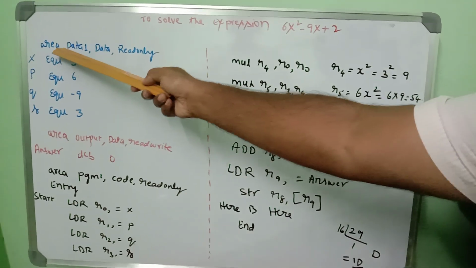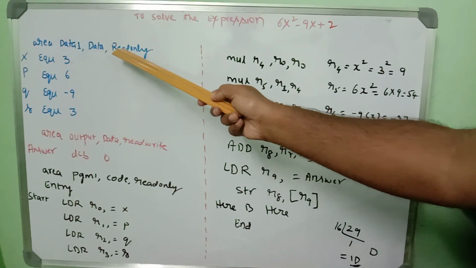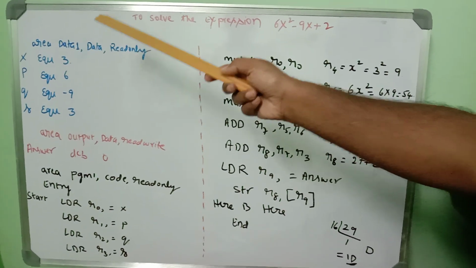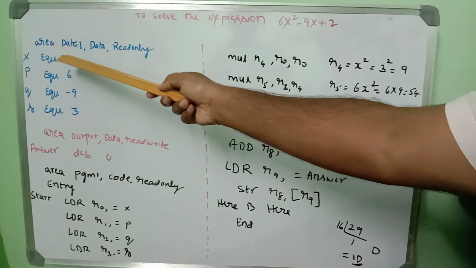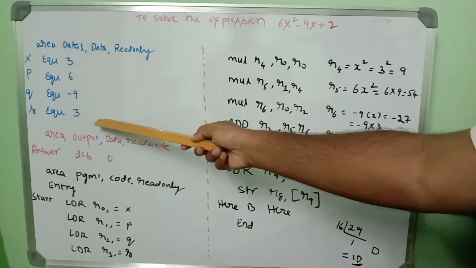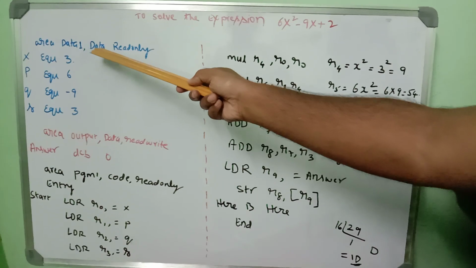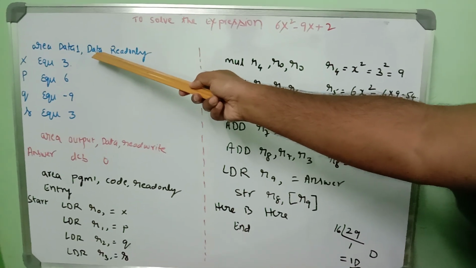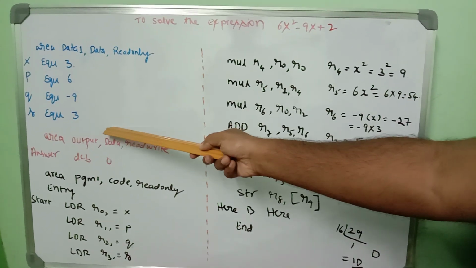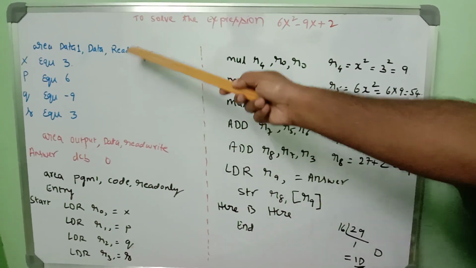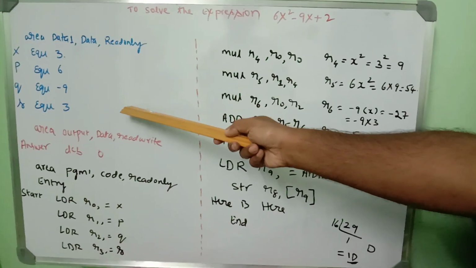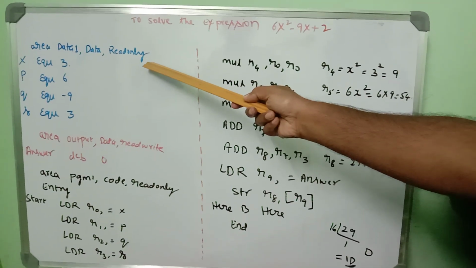So area, data and read-only are the keywords. Area represents the assembler directive to provide me a block of memory. Data is an assembler directive which will enable me to store the data. Read only is the assembler directive with which I can choose a memory of read only or permanent type.